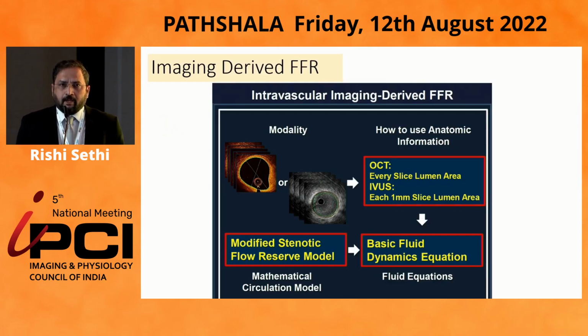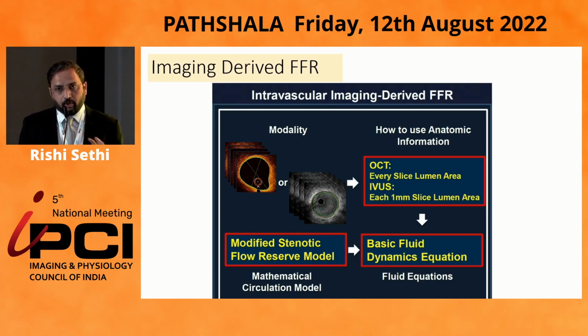So here we were trying to associate an MLA with an FFR, but we can go further, and now we have imaging-derived FFR values. For OCT, you calculate the lumen area of every OCT slice, and for IVUS, you calculate the lumen area of every 1 millimeter slice.